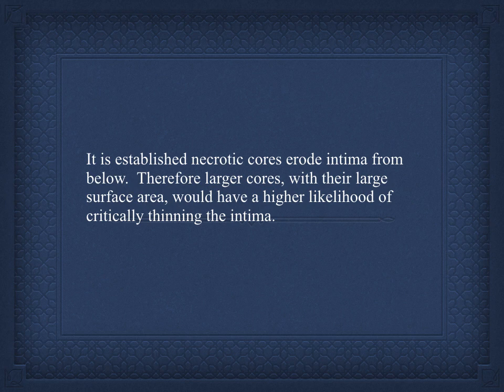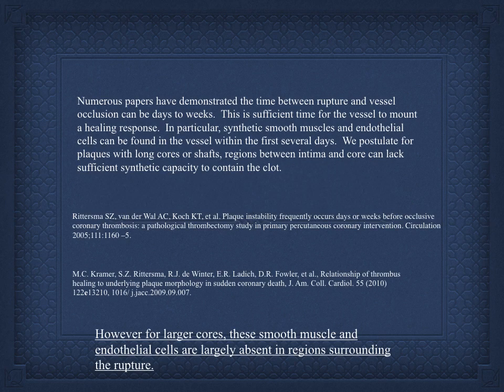It is established necrotic cores erode the intima, which we somewhat got to in the previous slide. So the larger the core, the more likely it is to erode through. Now, with regard to healing, why would a longer core have poor healing?